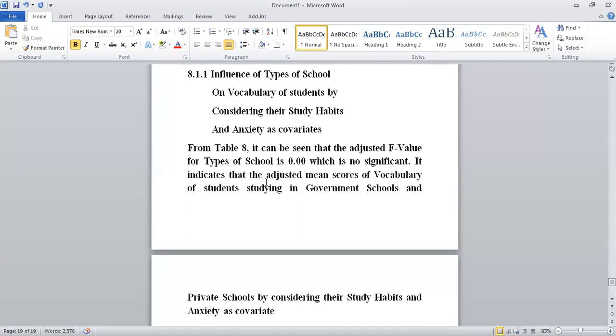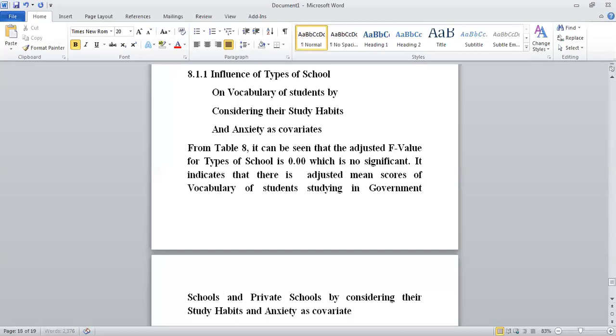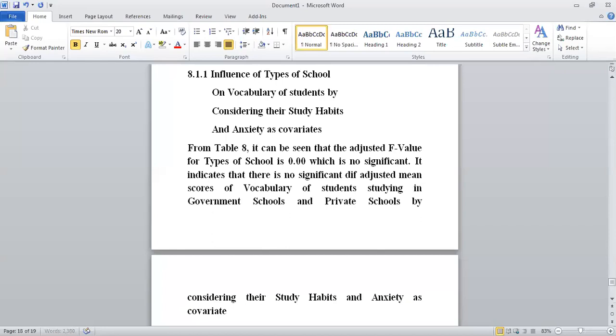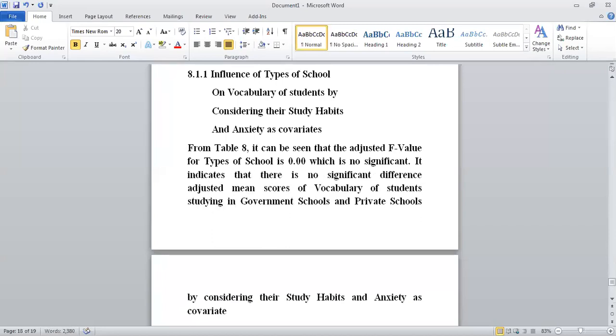It indicates that there is no significant difference in adjusted mean scores of vocabulary of students studying in government schools and private schools by considering their study habit and anxiety as covariates.